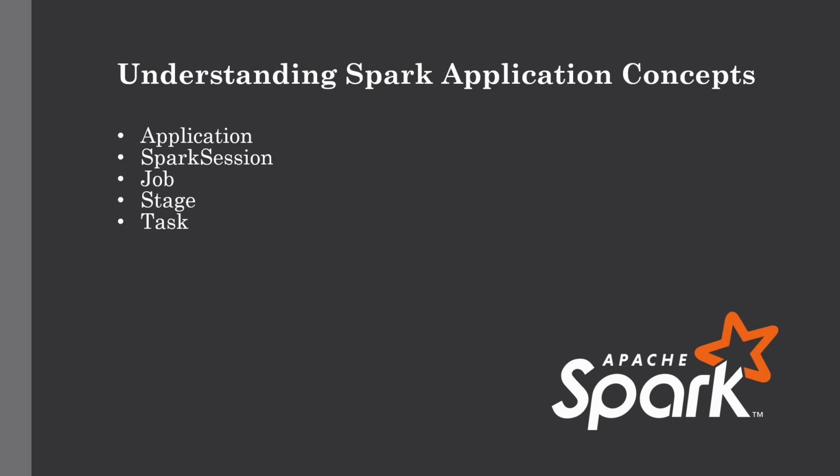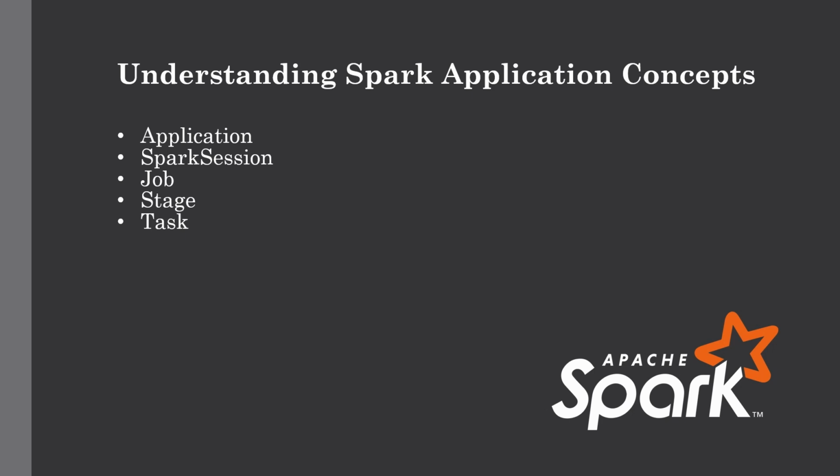In your Spark shell, the Spark driver instantiates a Spark session for you. But in a Spark application, you have to create your own Spark session object yourself. As you've seen, when you kick off your Spark shell, the Spark session is already created for you. But when you write your code, you have to first create your Spark session and give the configurations to it.